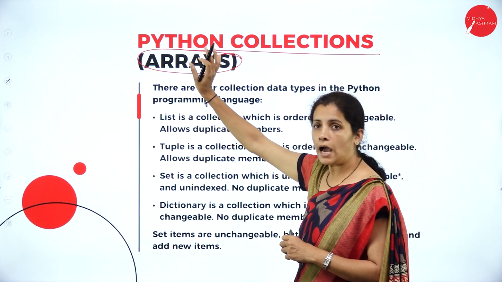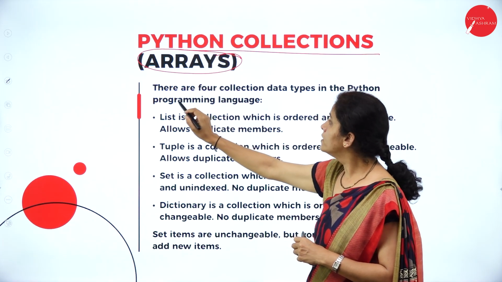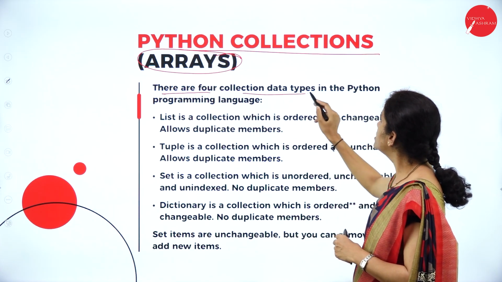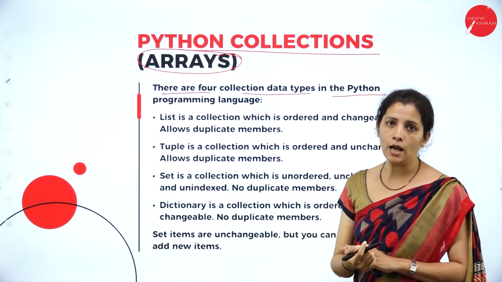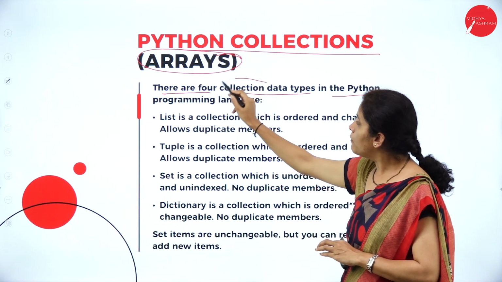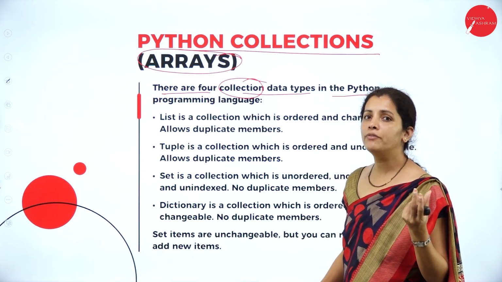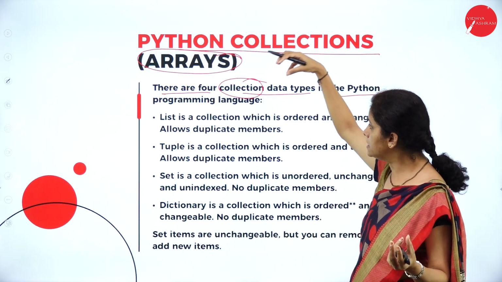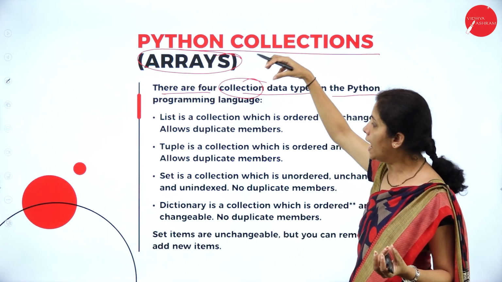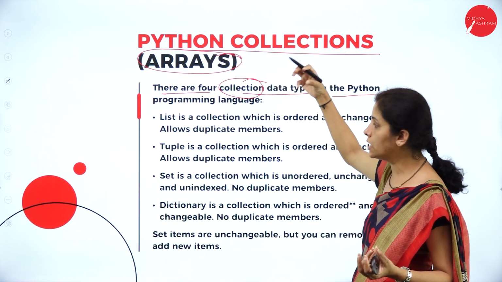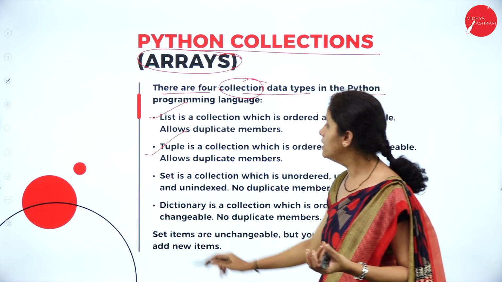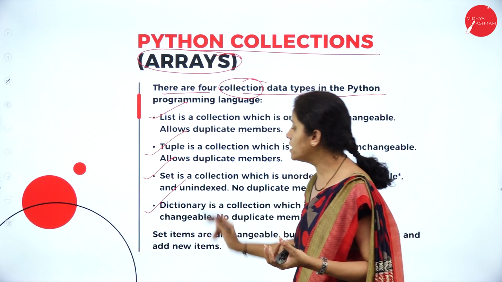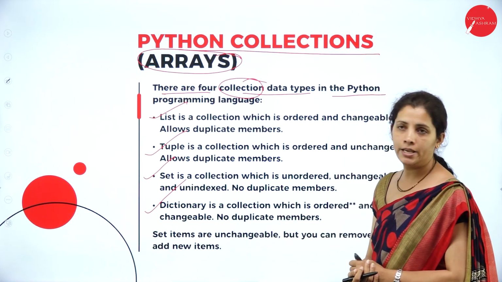If I consider collections in Python, there are four collection data types in the Python programming language. One is list, another one is tuple, another one is set, and another one is dictionary.